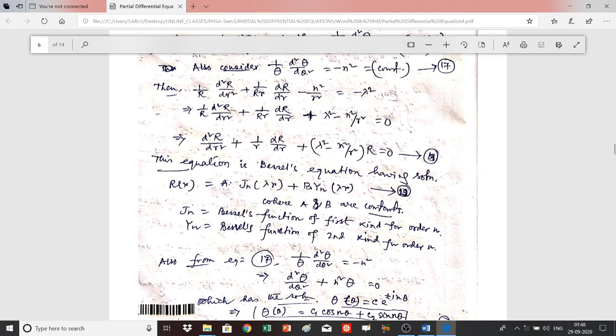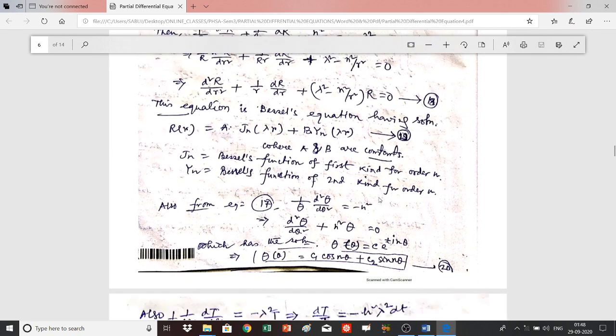The solution for R will be a Jn(λr) plus b Yn(λr), where a and b are obviously two arbitrary constants, and Jn is the Bessel's function of the first kind for the order n, and Yn is the Bessel's function of the second kind for the order n. So this is the solution for R.